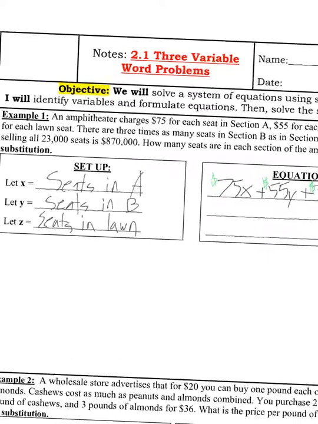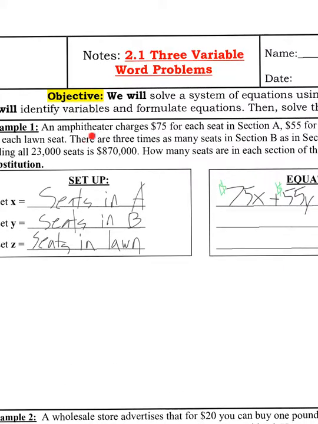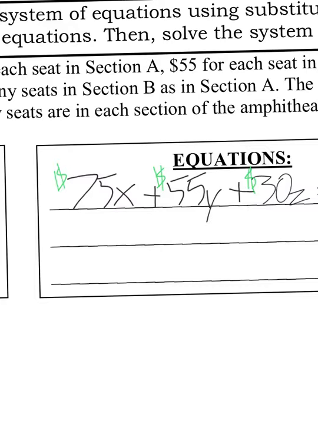The next sentence says there are 3 times as many seats in section B as in section A. So the tempting thing to write down is 3 times section B, so 3y equals A. But there's more seats in section B. So if section B has more, you wouldn't want to multiply it by 3, because then it would be even more.